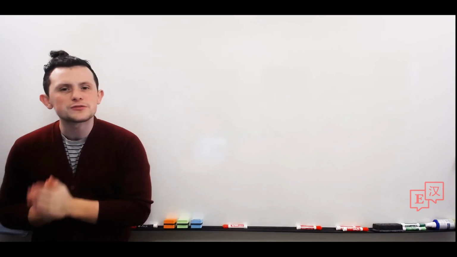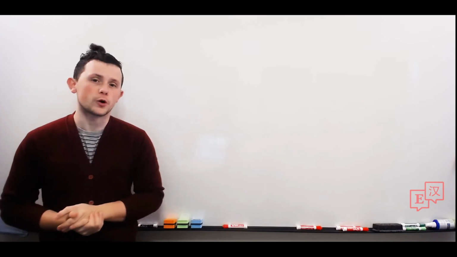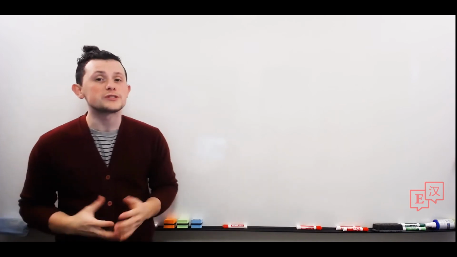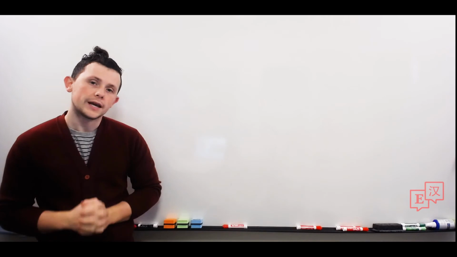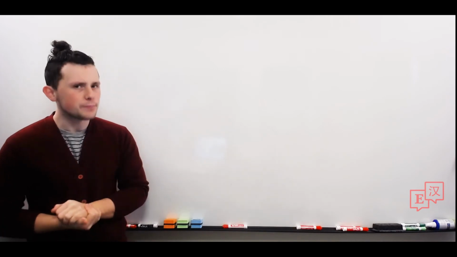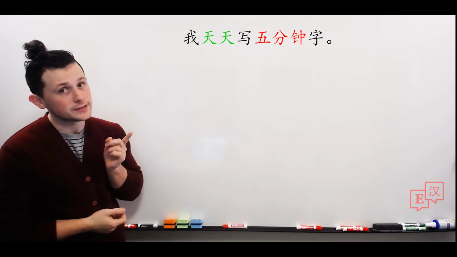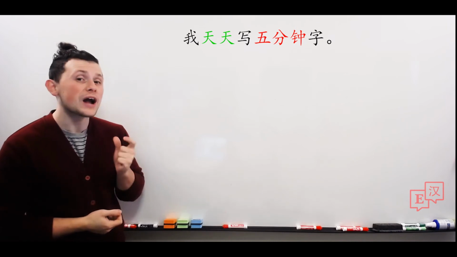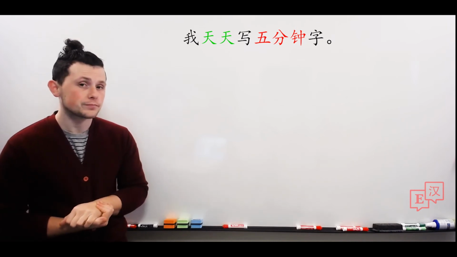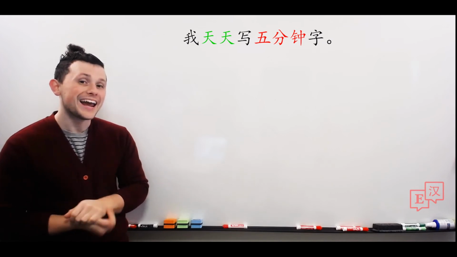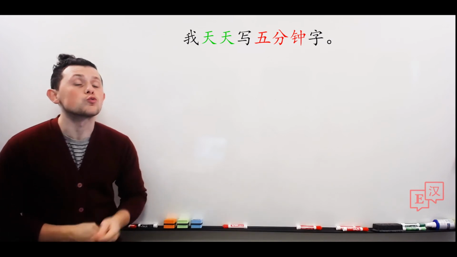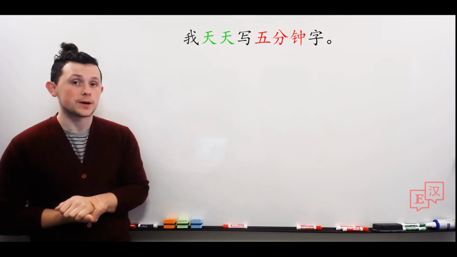Duration is the amount of time that a verb occurs for. It is how long you do something for. And in Mandarin, these each have their own spot. So setting time will go at the beginning of our sentence, before or after the subject. Either is fine. And duration will go right after the verb.